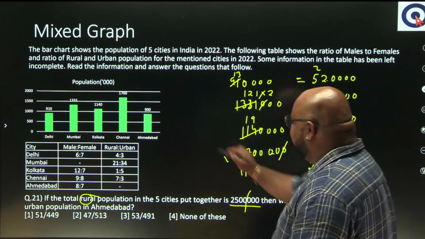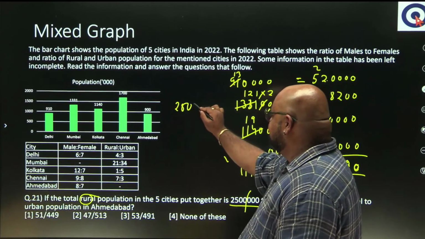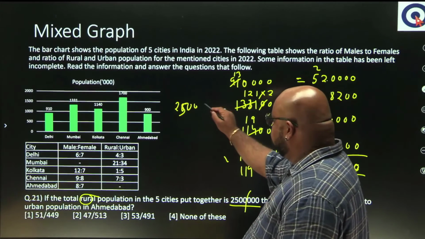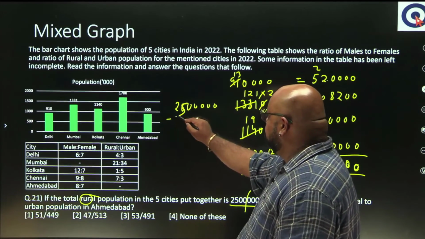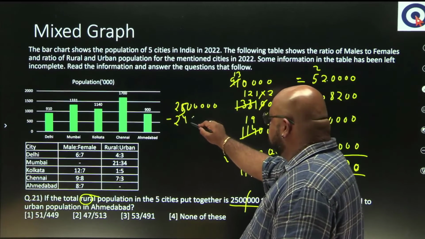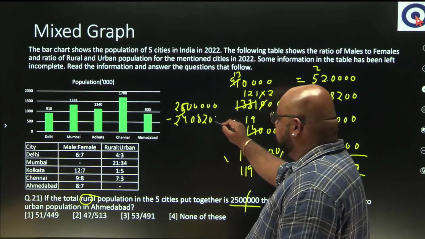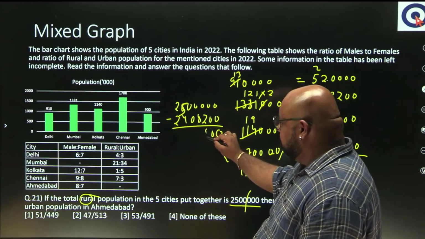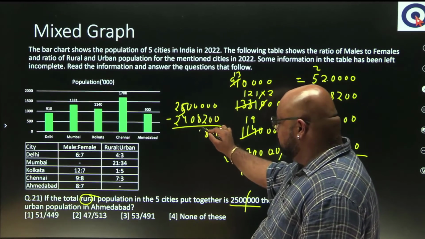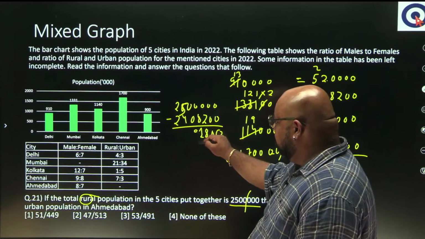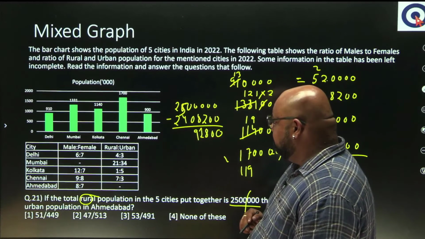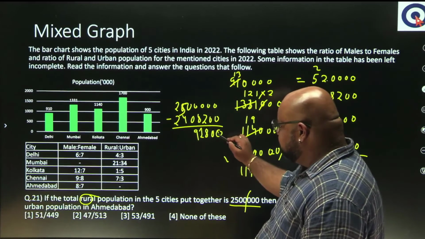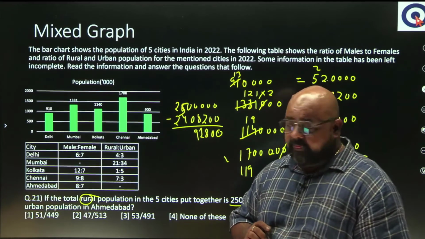Yeah, 2500 and then 3 zeros minus 2408 200, right? So 0 0 in the end, 8, 10 minus 2, 9 minus 8, 9, and that is about it. Yeah, 91800. This is the rural population of Ahmedabad.